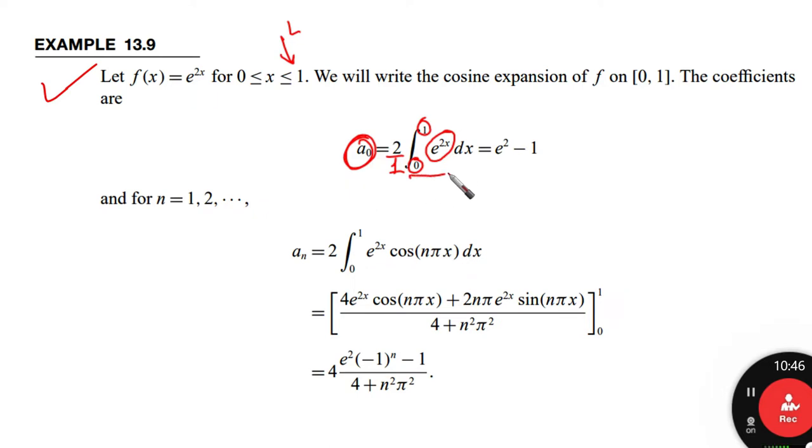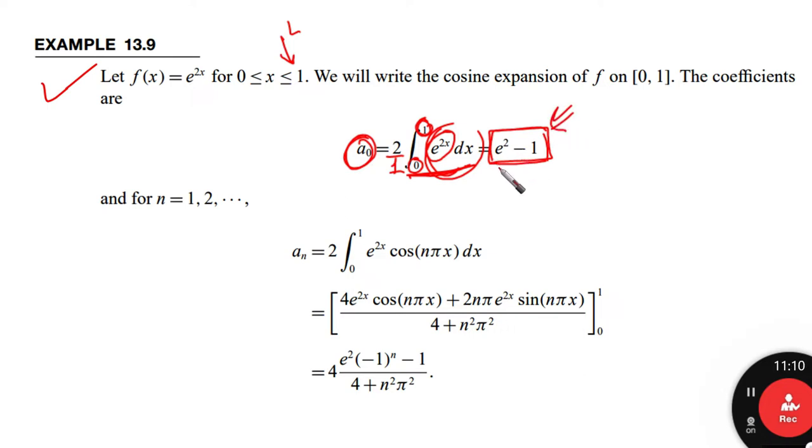And this is a definite integral. What is the meaning of a definite integral? It means that with these limits, after integration, we can substitute and get the value directly. It's e squared minus 1.